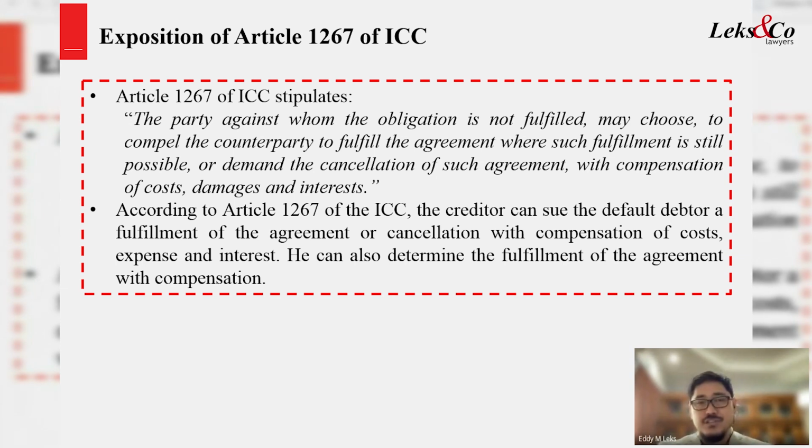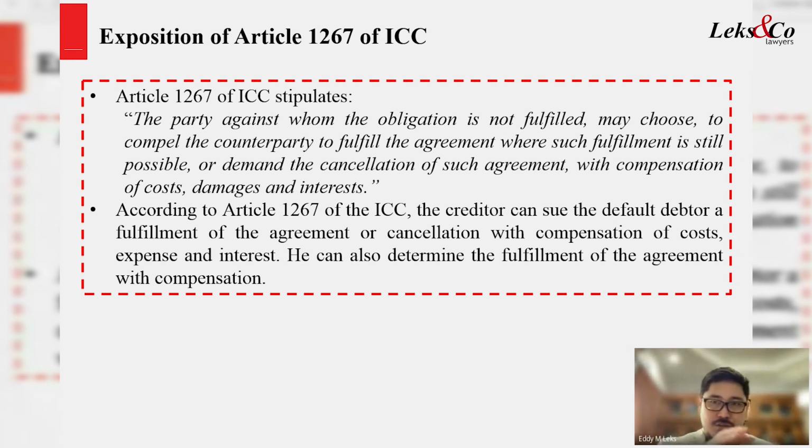Now the 1267 is different. The party against whom the obligation is not fulfilled may choose. So this is talking about the party who is not defaulting, the creditor, to compel the counterparty to fulfill the agreement where such fulfillment is still possible, or demand the cancellation of such agreement with compensation of cost, damages, and interest.